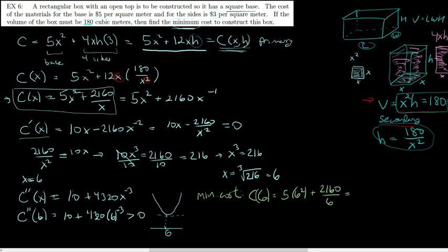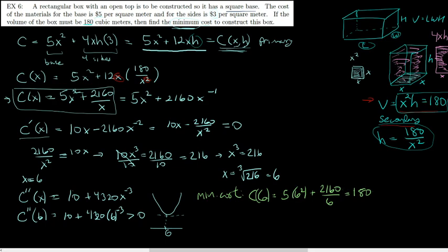All right, calculator time. So 5 times 36 is 180. And then 2160 divided by 6, I think, is 360. Yep, 360.